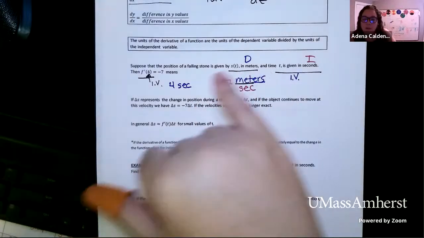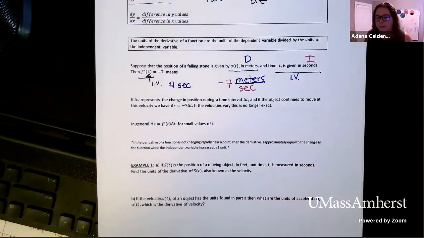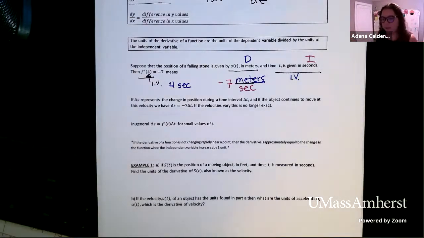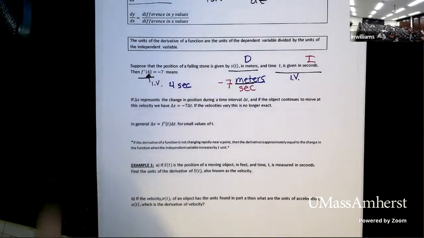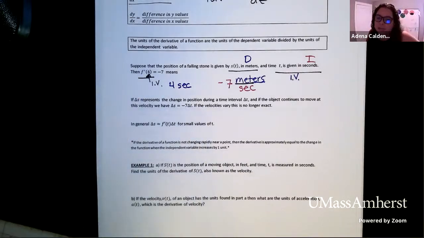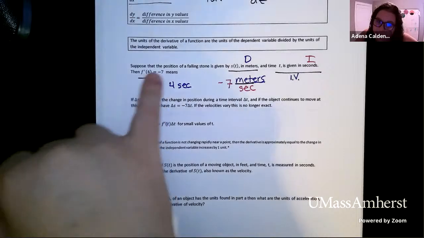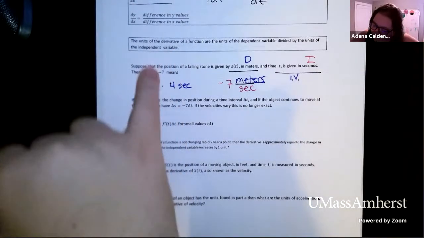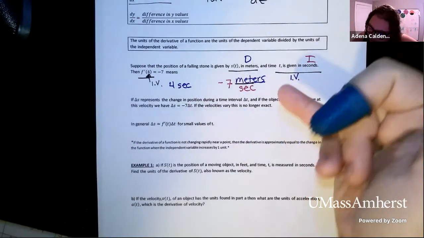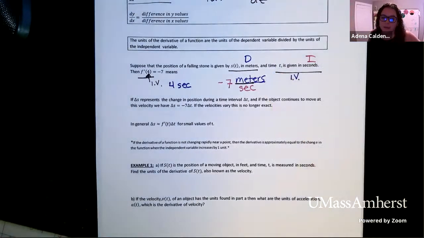Notice that the derivative has units over units, so something per something. That's a good way to remember that you need to think about what those are. Again, the number that's inside is your independent value, and the number on the outside is the value of the derivative, which is when we have to do dependent over independent units.